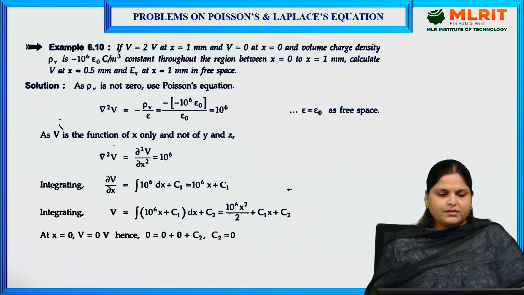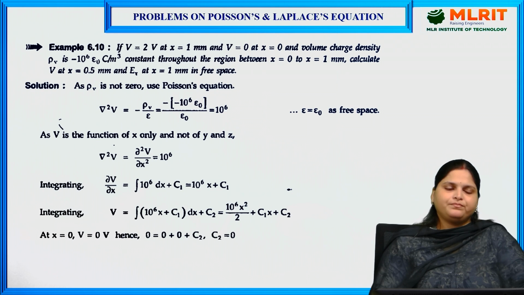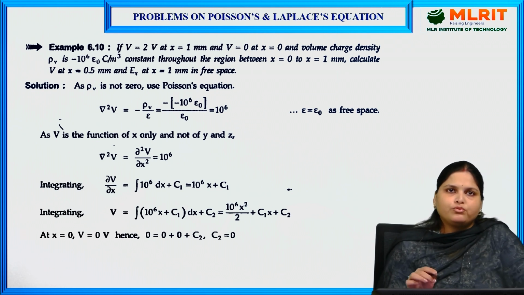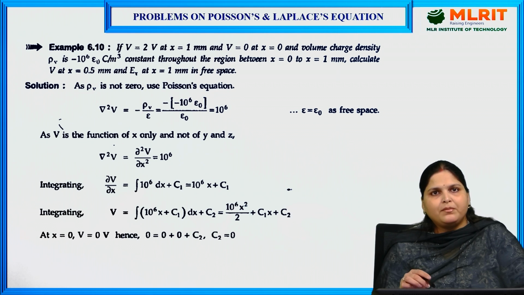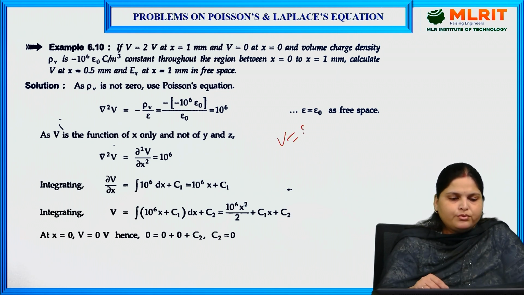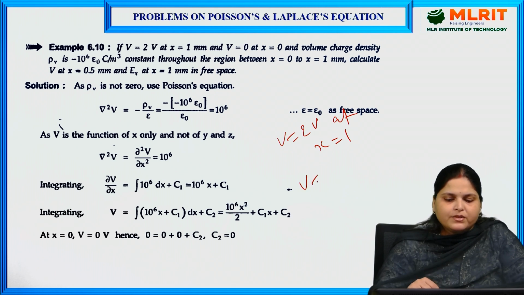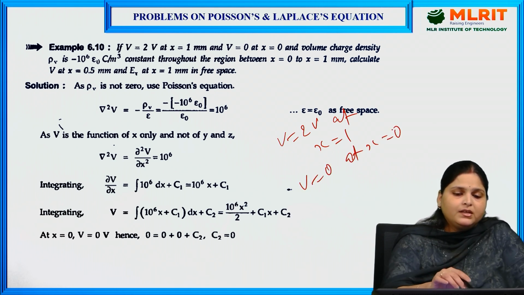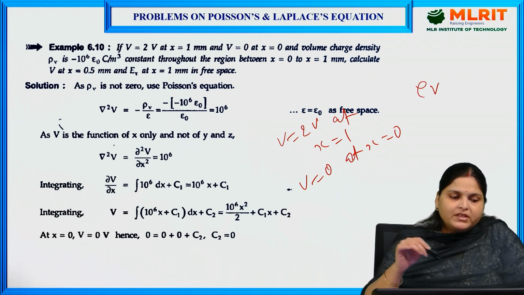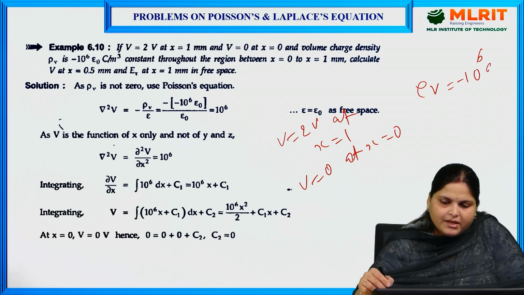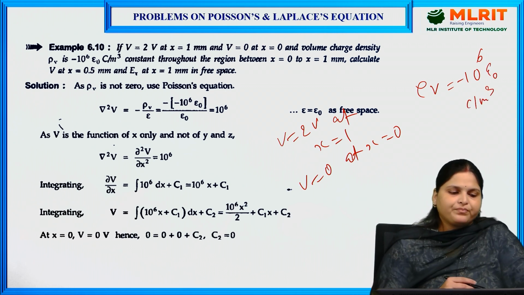Right? Let's take another question. In question, it is given that V is equals to 2 volts at x is equals to 1 mm, and V is equals to 0 at x is equals to 0, then volume charge density is also given in the question. Rho V is equals to minus 10 to the power 6 epsilon naught coulomb per meter cube. This is volume charge density.